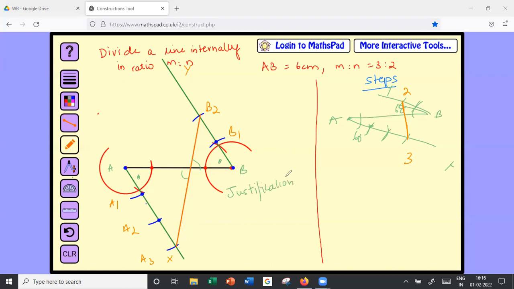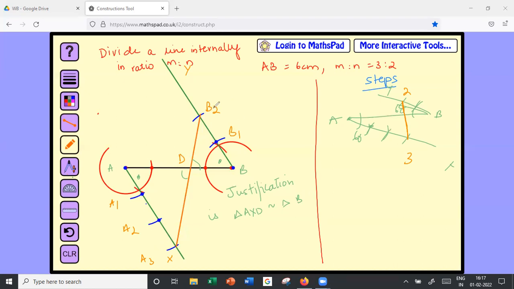Okay. So for this, if you want, I'll just write in short. Justification is triangle AXD. Okay, let me call this something, D. The justification is triangle AXD is similar to triangle B2.